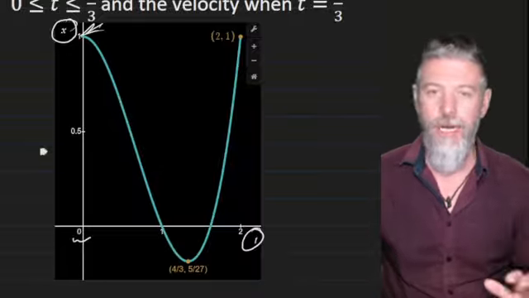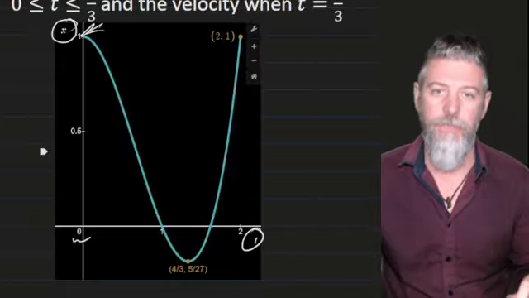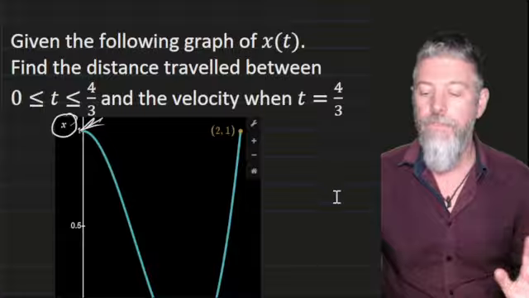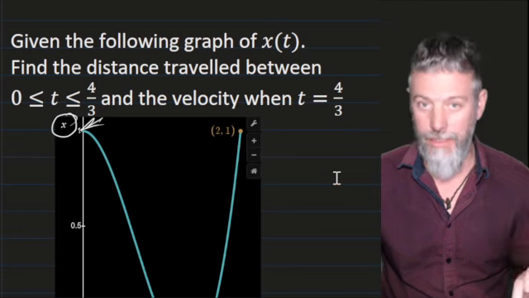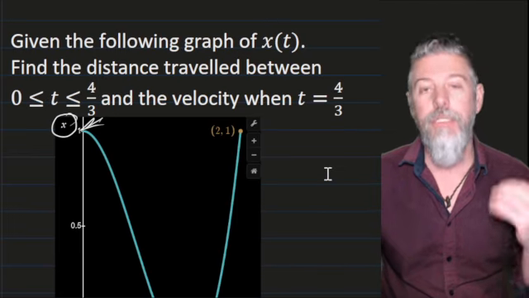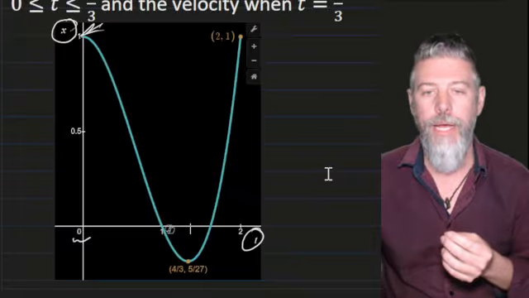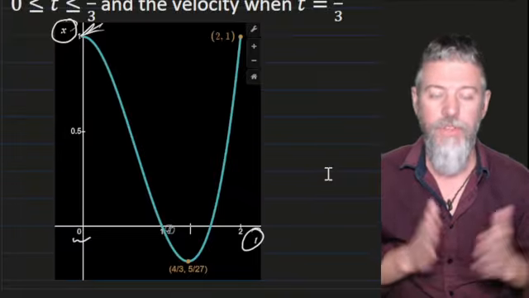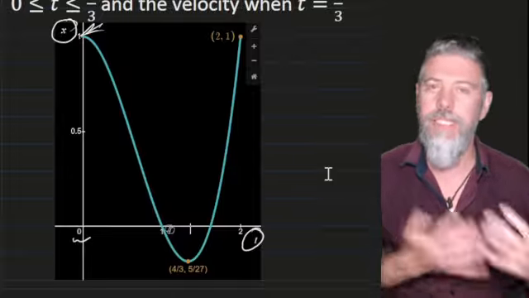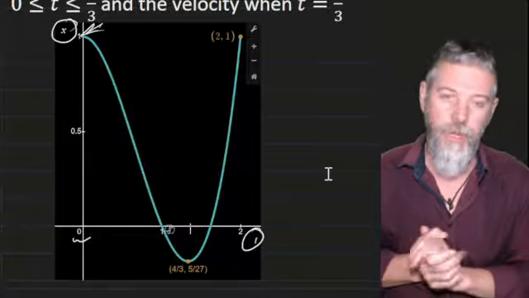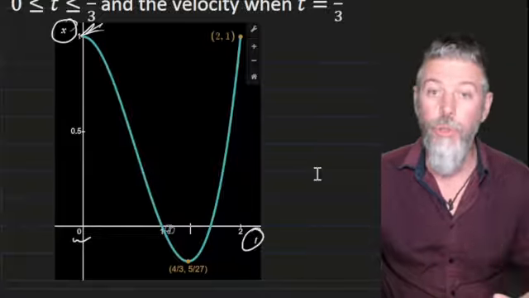But the question is asking us a very specific question. It's asking us, find the distance traveled. Now, distance is very different to displacement. Displacement is how far away an object is from another one. That's the displacement between the two. But the distance traveled takes into consideration all of the time that's gone before it, or that's included in the range.